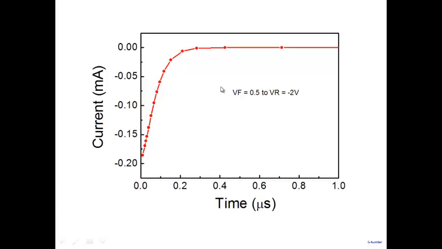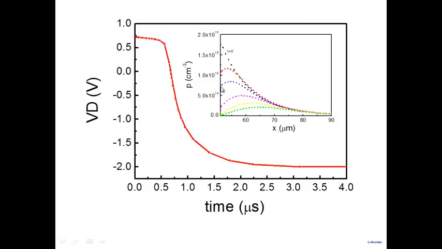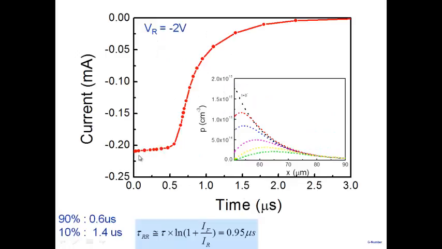And compare that to this charging. So this entire part that you see here, about 1.4, all this is the diffusion capacitance. Once the diffusion capacitance discharges, the junction capacitance will take another 0.1 or 0.2 microsecond to completely charge up to -2 volt. So the discharge is dominated by diffusion capacitance and is far more complicated.